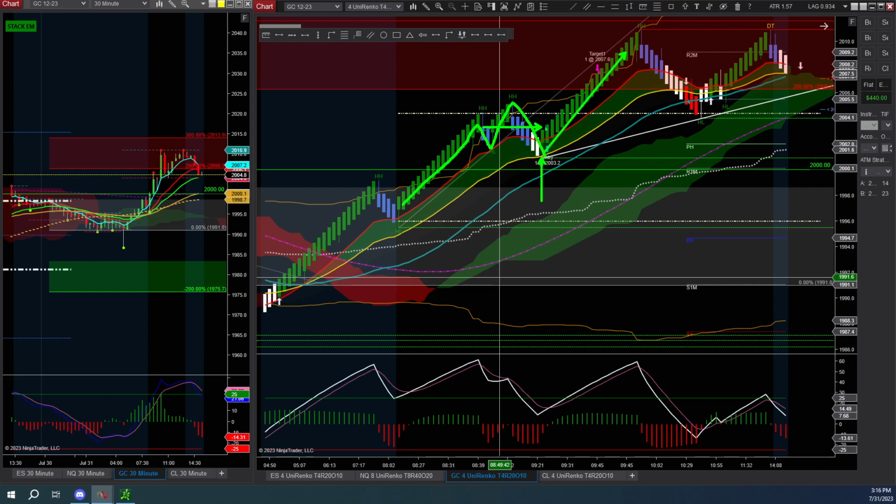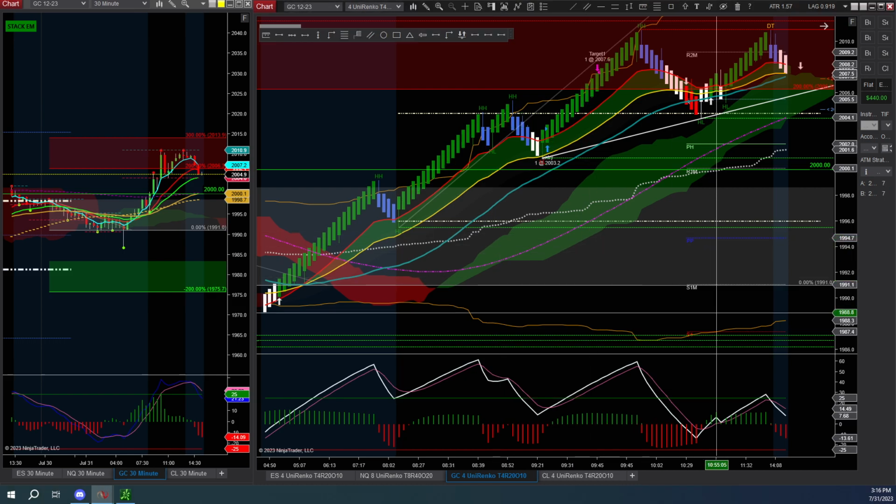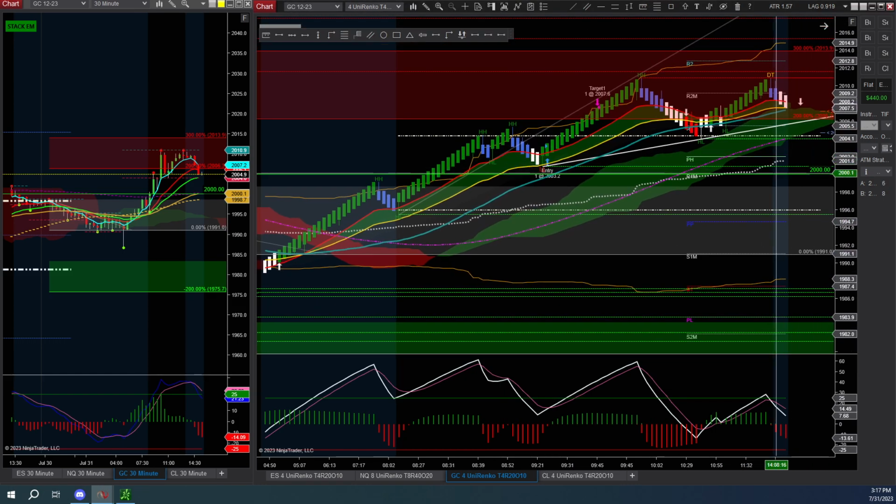Entry right there. Then momentum is resetting. It's coming back down to this area, closer to the zero line, and then bounces off of there and moves to the upside.